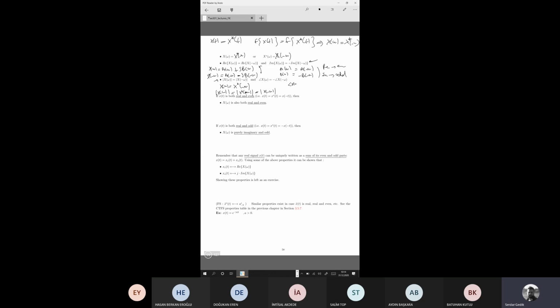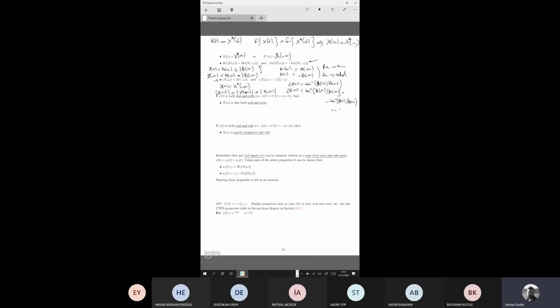The angle of X of omega is nothing but tangent inverse of b of omega over a of omega, and the angle of X of minus omega is nothing but tangent inverse of b of minus omega over a of minus omega, of course. And I know that b is an odd signal and a is an even signal, so it is equal to minus tangent inverse of b of omega over a of omega.